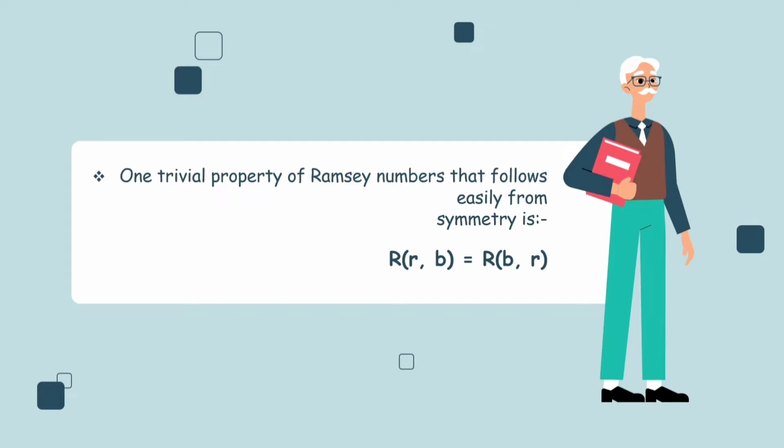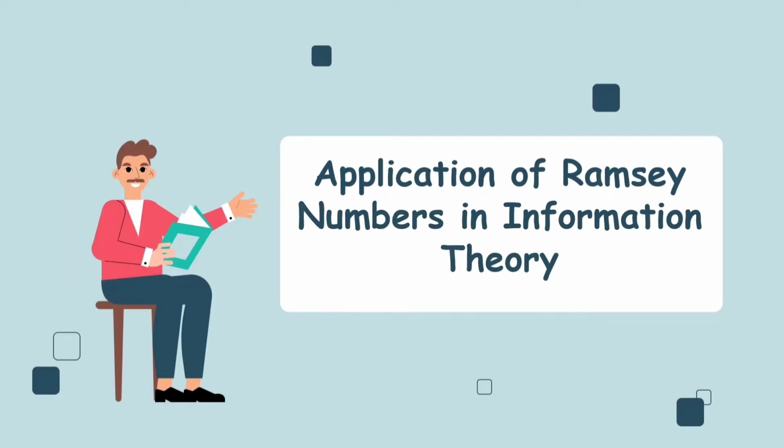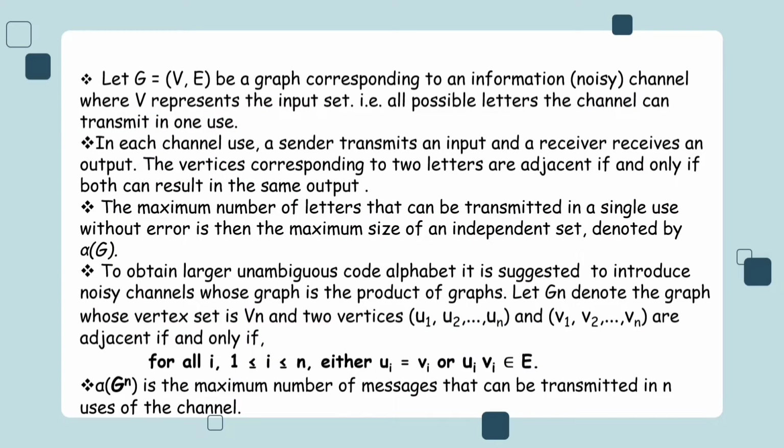Now we will focus on an application of Ramsey numbers, particularly in information theory. Let G = (V,E) be a graph corresponding to a noisy information channel, where V represents the input set, meaning all possible letters the channel can transmit in one use.